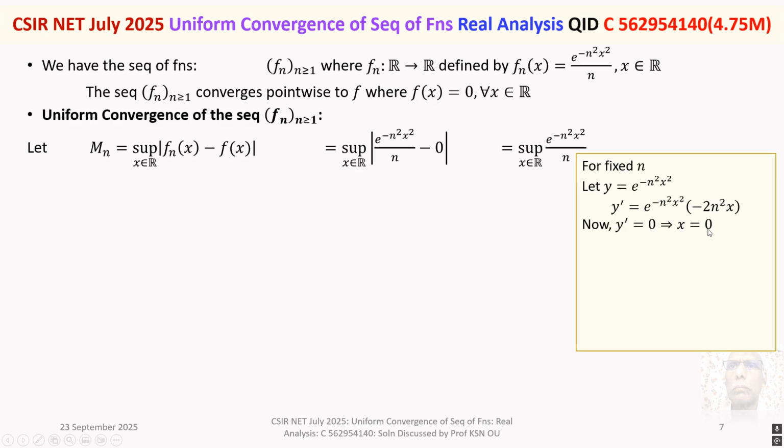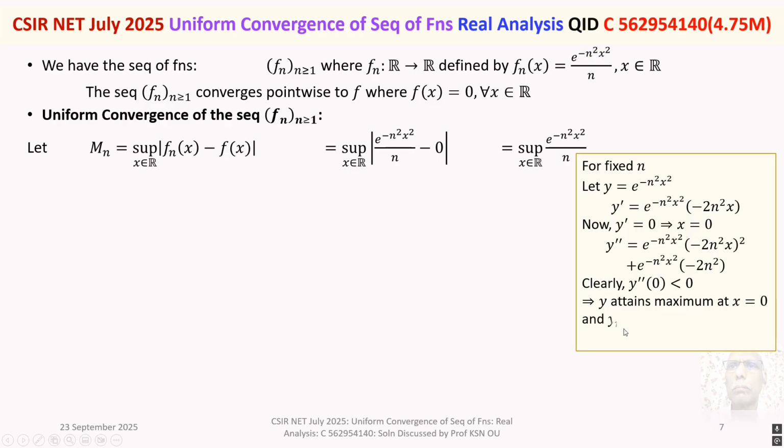So, x is equal to 0 is a critical point, and we calculate the second derivative and substitute x is equal to 0 in this. Clearly y double prime at 0 is negative, because this term will vanish. Here it will be minus 2n², that will give you negative. So y attains maximum at x is equal to 0.